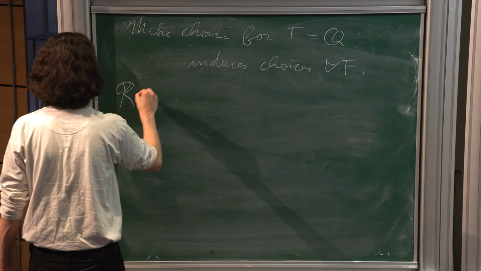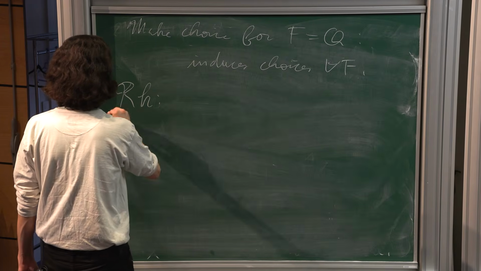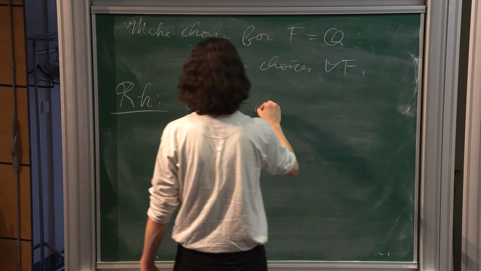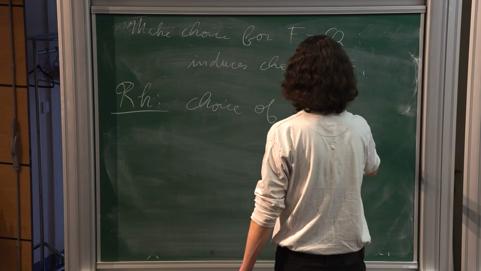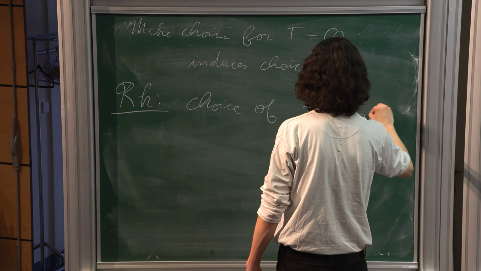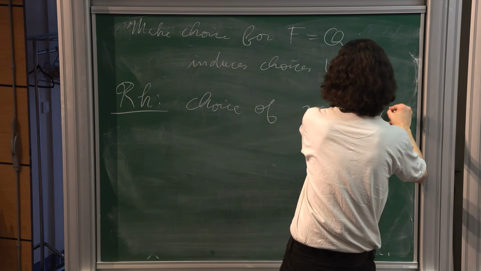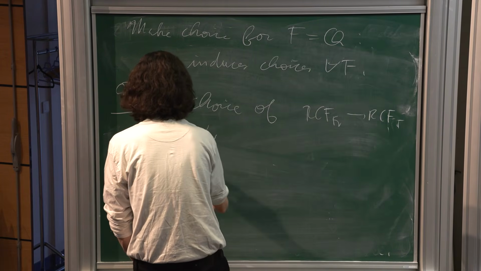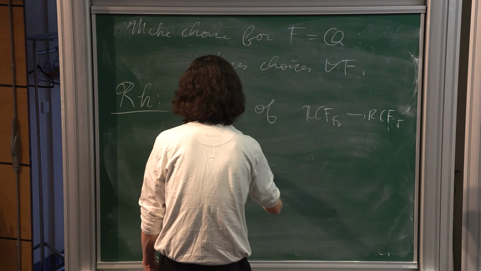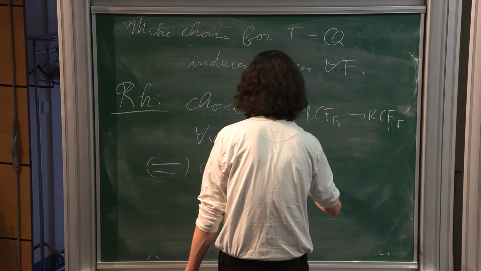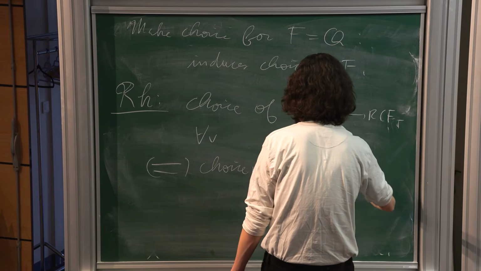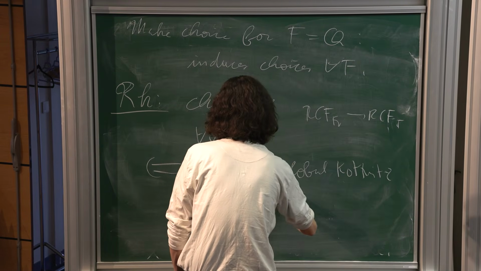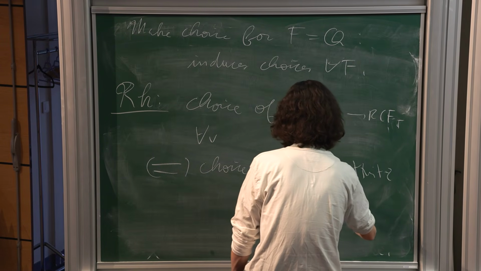Again, I won't go into all the details, but the choice of this map of refined class formations for F for all v is equivalent to the choice of a global Kottwitz gerb plus local-global compatibility.